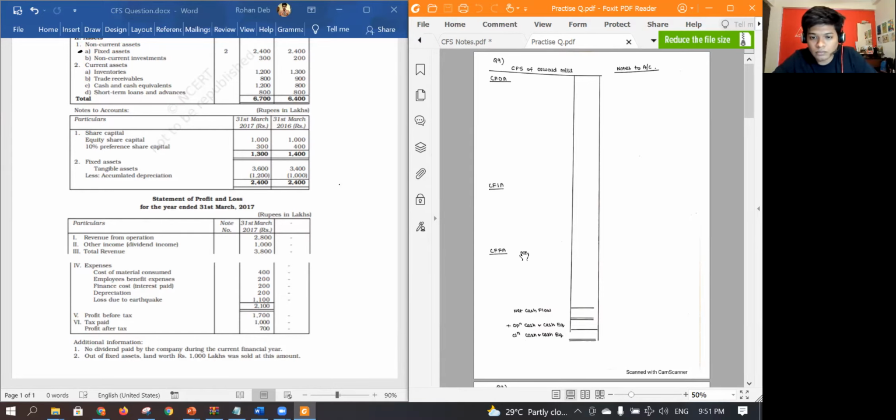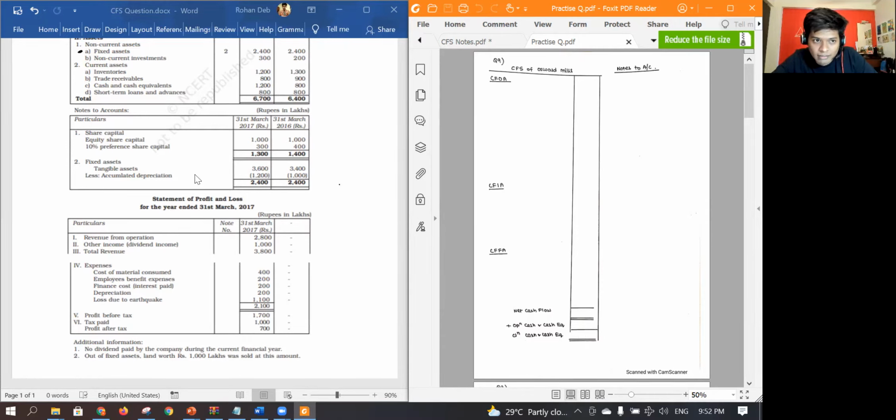I've written the abbreviation because it's too thin to write it out. Now the total of the cash flow from operating, financing, and investing activities is the total cash flow, and if you add the opening cash balance, then this plus this would be this.